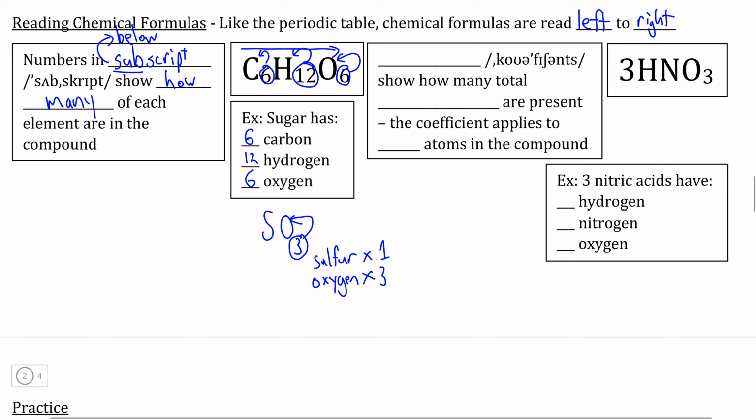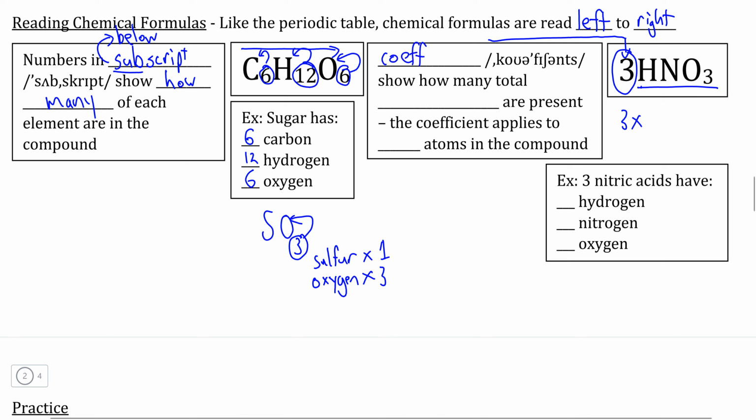Now, this is all well and good, but what if we have a situation where we have more than one unit or more than one copy of each compound? If we take a look at this compound here, which is actually an acid that we call nitric acid, we can see from the large number 3 here that this means we have 3 of this compound. Now, if we have a number that is written in front of the chemical formula itself, you can see that it's not written in subscript form.